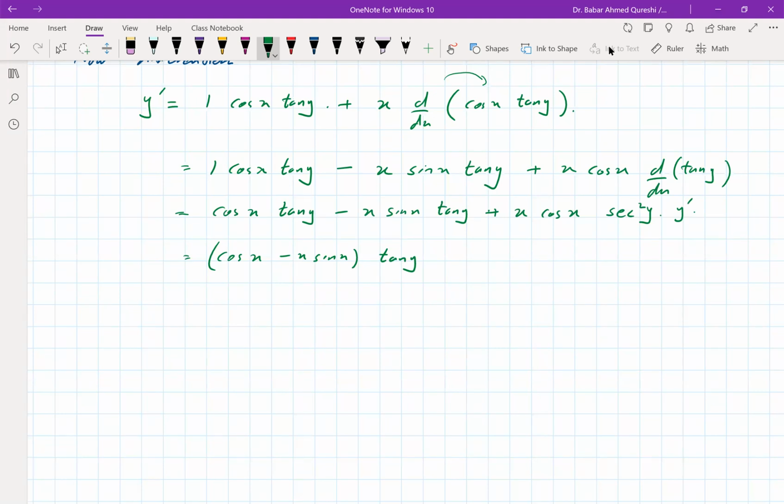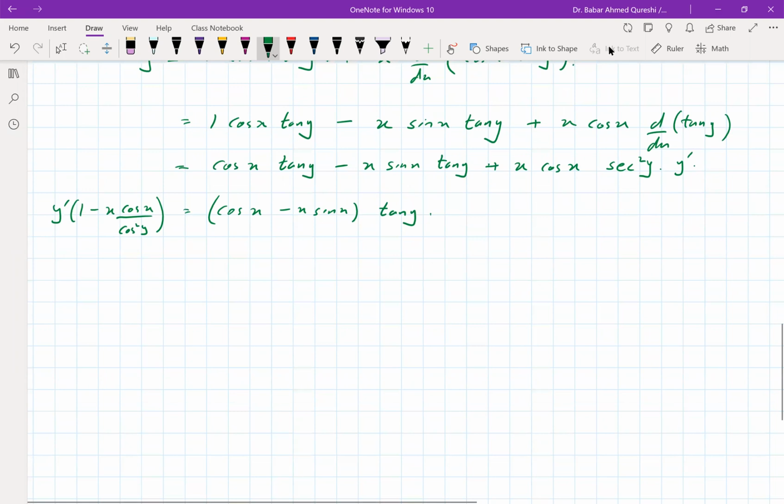And I can take this to the other side. x cosine x over cosine square y. That's what I have got.